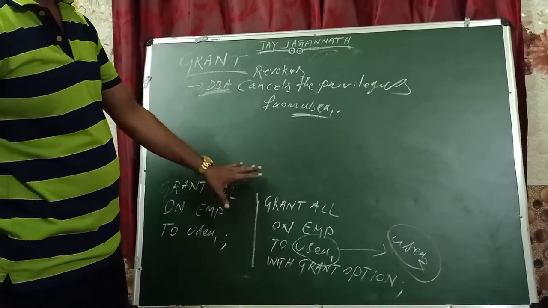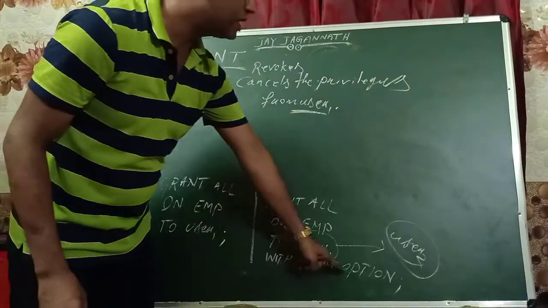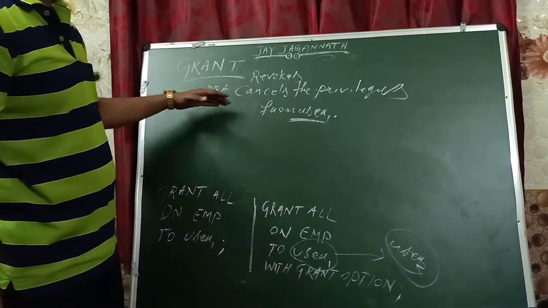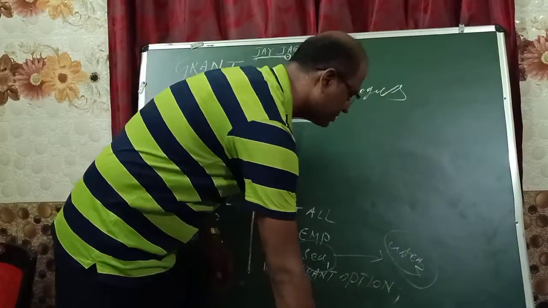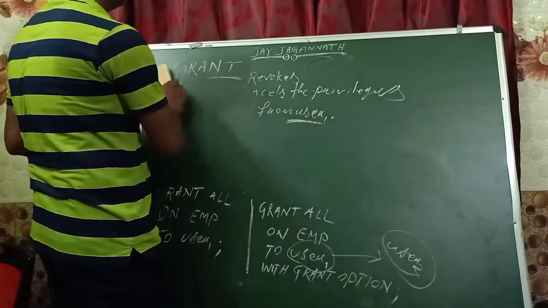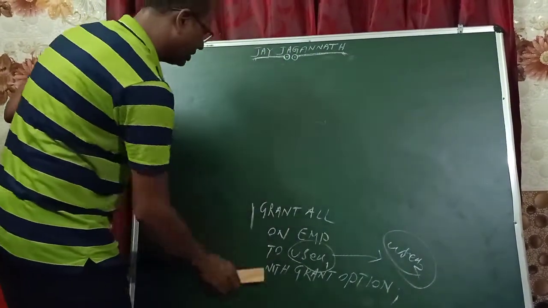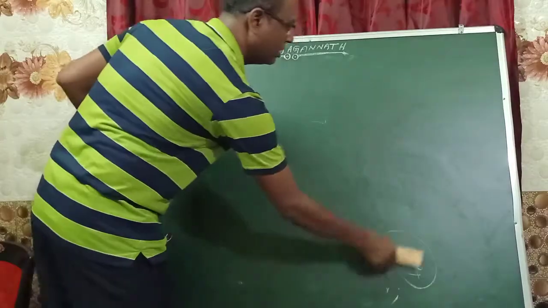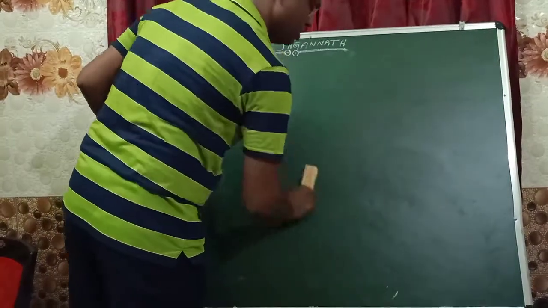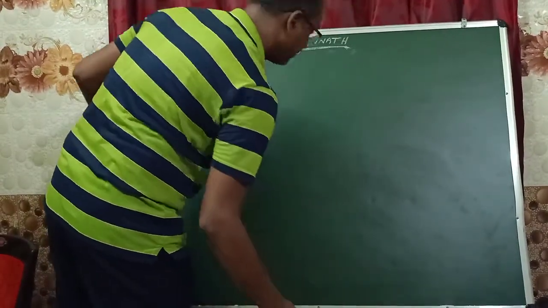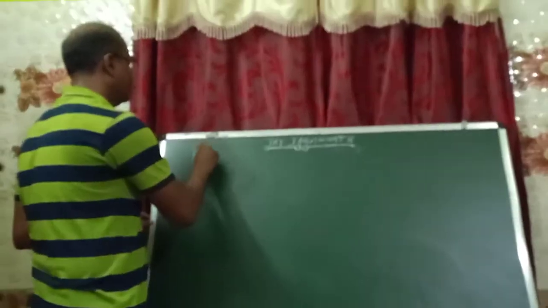That is one problem. So at the time of using with grant option, the DBA must be careful about it. Well, this is the grant command, and with the grant command the DBA can provide privileges to users. Another command is the revoke command.